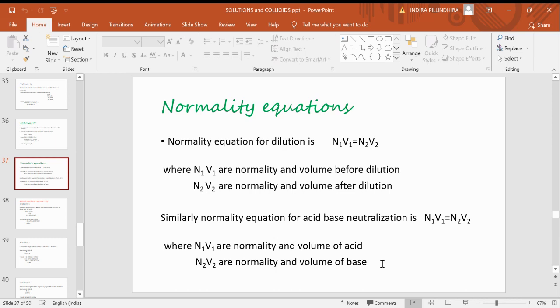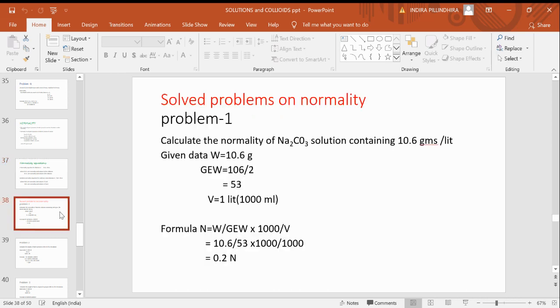Now we will see some solved problems on normality. So we will move to the next slide. Solved problems on normality.